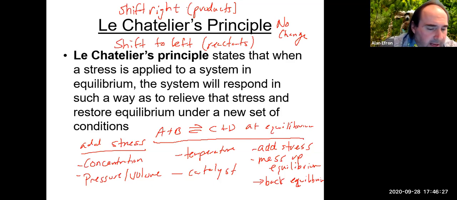So let's talk about each of these stresses that we could do to a system and what happens and how we could look at it. So let's first take a look at concentration. Concentration is not too bad.